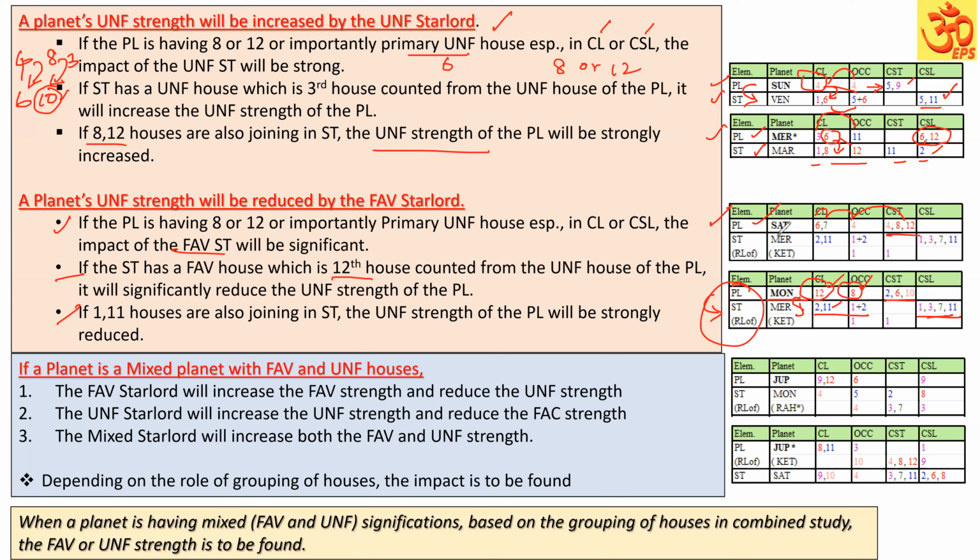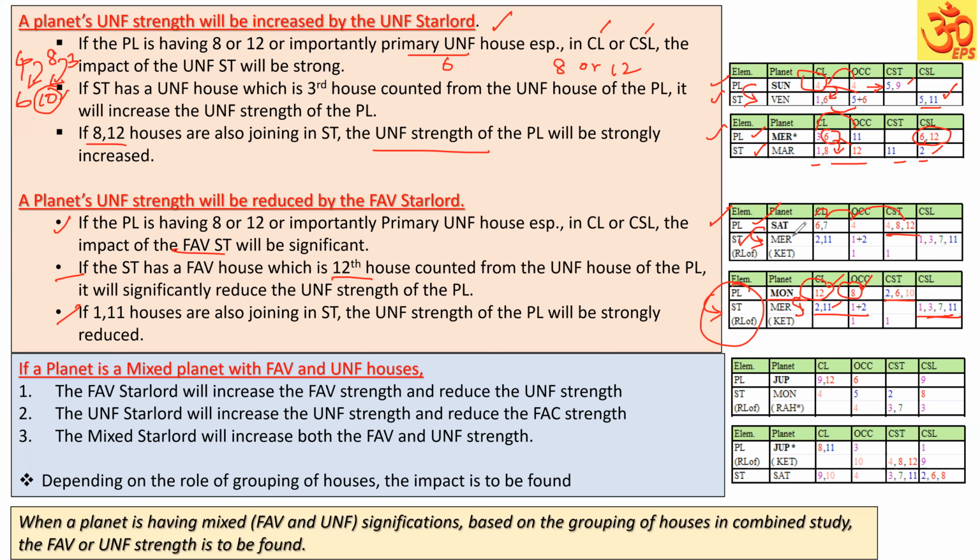Now, the star lord, whether it is going to give support to the unfavorable or favorable. If the star lord is favorable, the unfavorable houses of the planet will get reduced by the star lord's favorable grouping. If it is having primary house, 6th house, unfavorable, in the star of a planet with favorable grouping, it is very good.